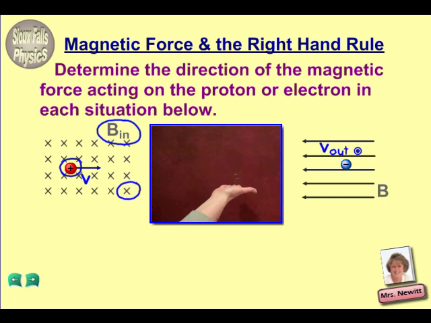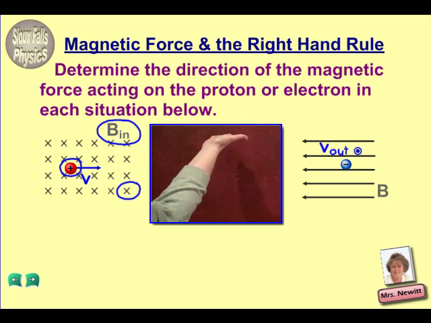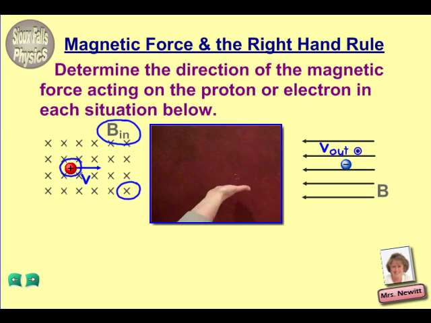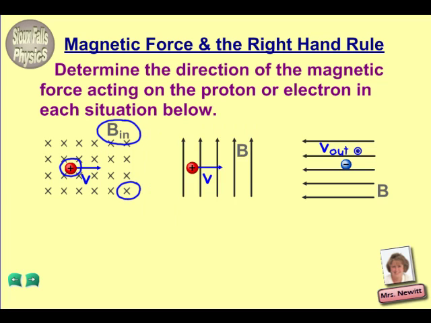The final step is to determine what direction the force would be, and for that, we simply move our hand in the direction of our palm. So if our fingers are in and our thumb is to the right, then our palm would move in an upwards direction. So to finish our problem here, on our positively charged particle in situation 1, we would have a magnetic force in the upwards direction.